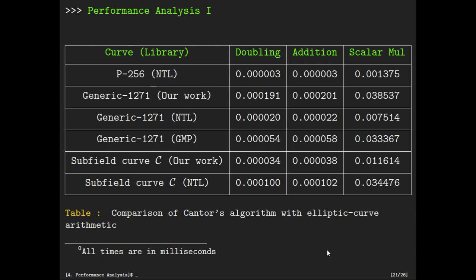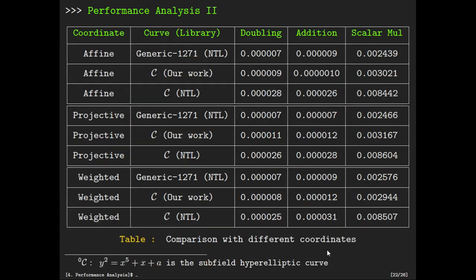From this work it's clearly seen that the performance of subfield curve is approximately the same as the performance of hyperelliptic curve defined over finite prime fields, for affine coordinates, projective coordinates, and weighted coordinates.